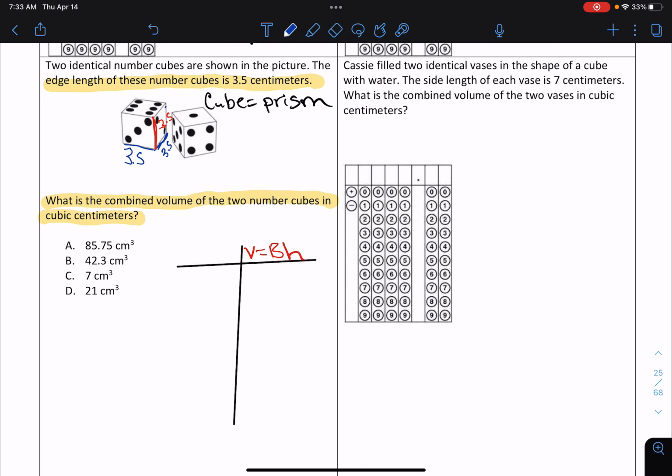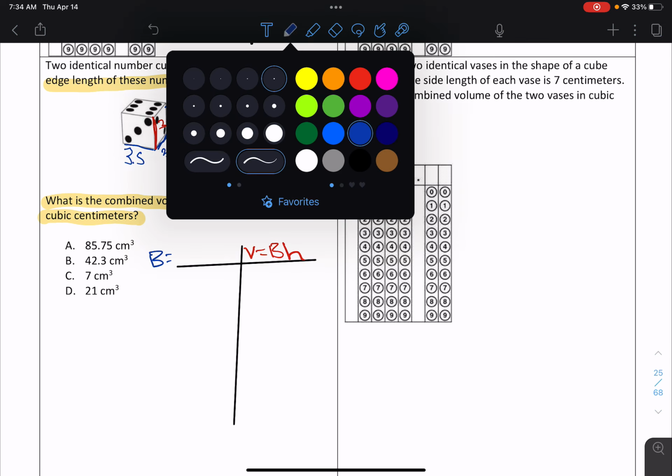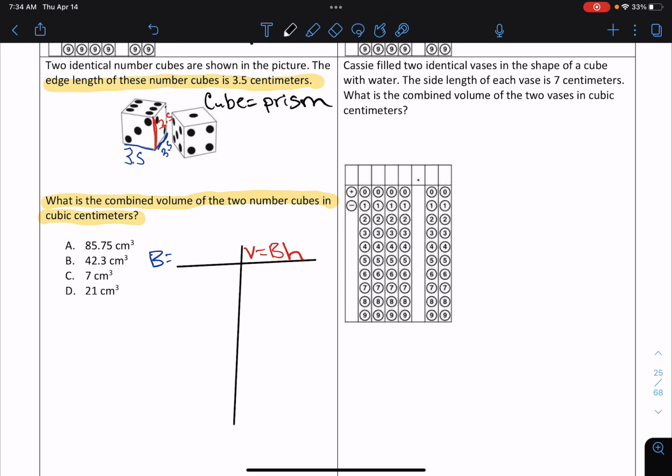So that means on this side, we're going to be finding the area of the base. So we're talking about a cube. What shape is our base? So I'm going to redraw the cube so you can kind of see what it would look like. See if that helps a little bit.